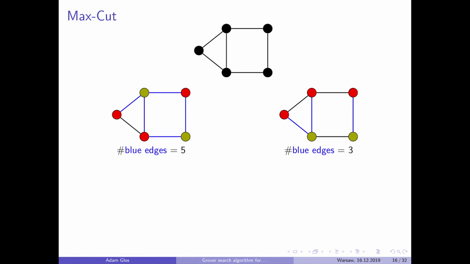I'm not sure whether you see that, but there are blue edges. For the coloring on the left, we have 5 edges that are blue, because the only one that is not connecting different colors is that one. Here we have a little bit worse scenario, because only 3 edges are blue.